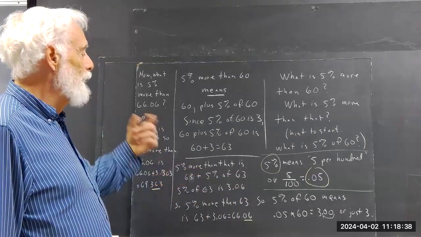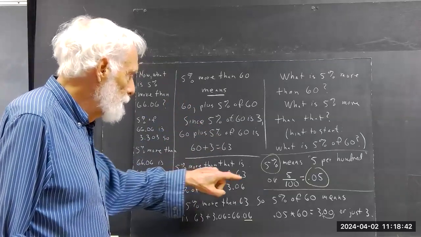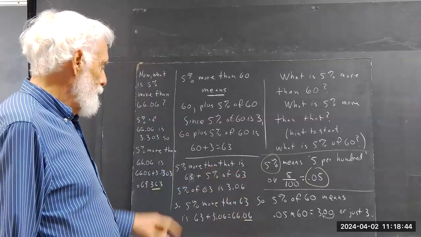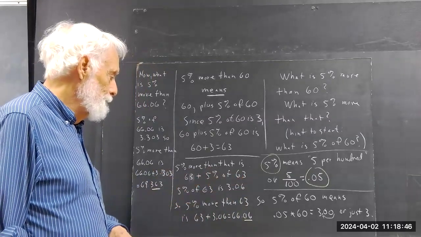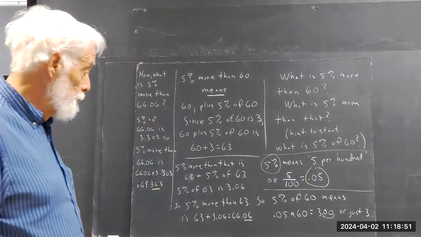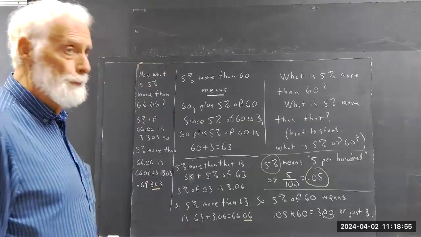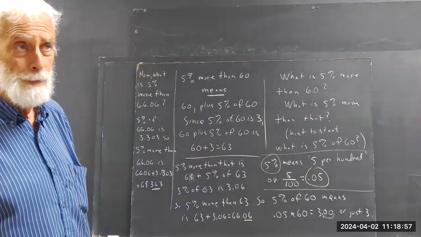And since it's 5% more than 63, it's 63 plus 5% of 63. And 5% of 63, we calculated is 3.15. If I did it right, everybody else did it right. And do it yourself, make sure I did it right, because I mess up.